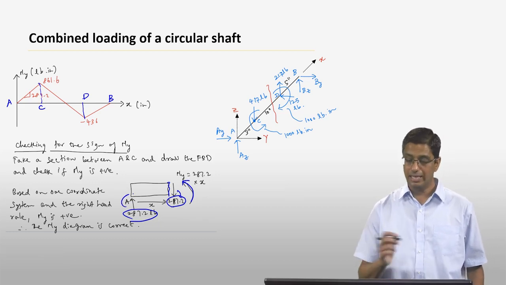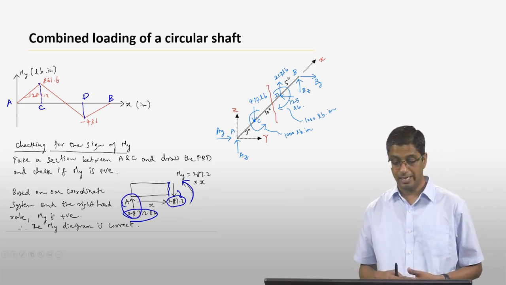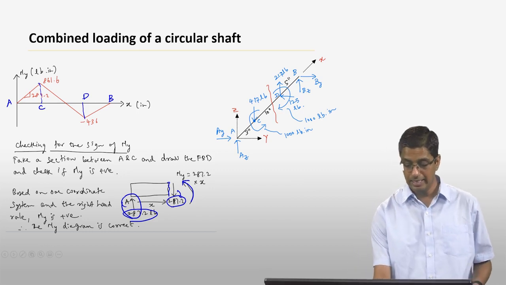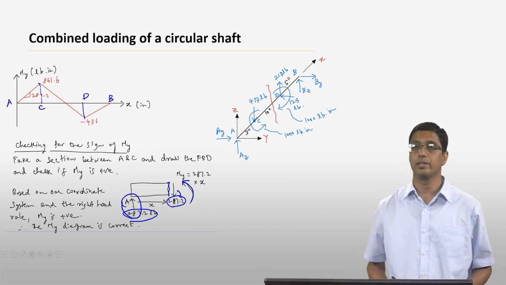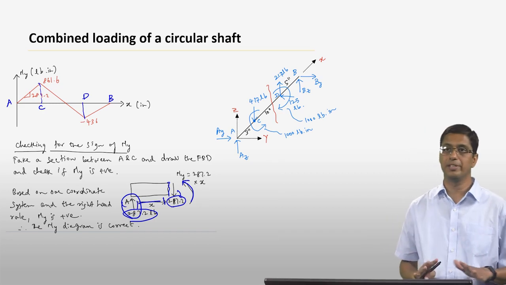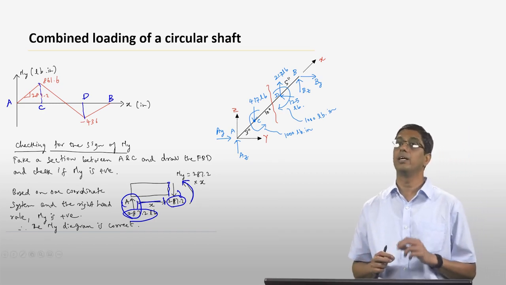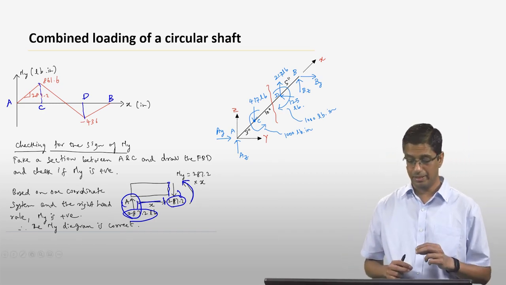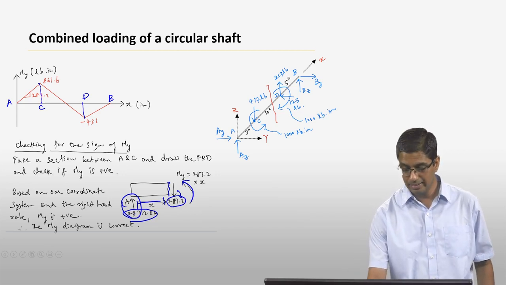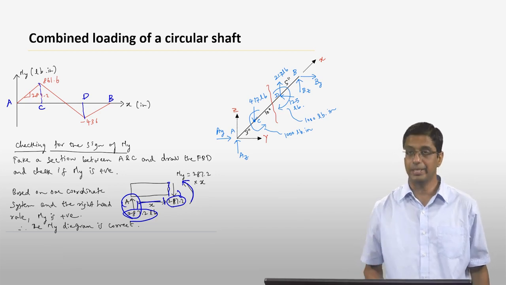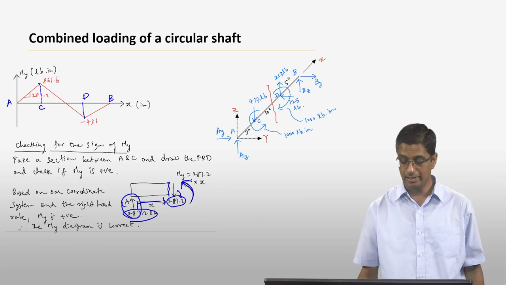Okay, so that moment value has to be 287.2 times x, which is the distance. But here we are not so much interested in the value of the moment, but rather the sign of the moment. The main thing to notice is that the direction of the moment has to be in this direction.